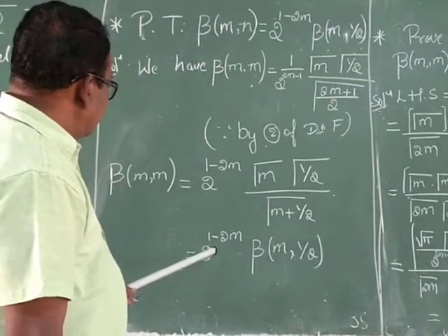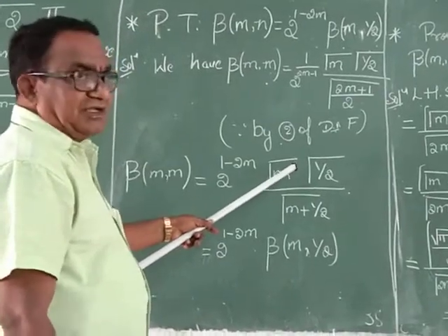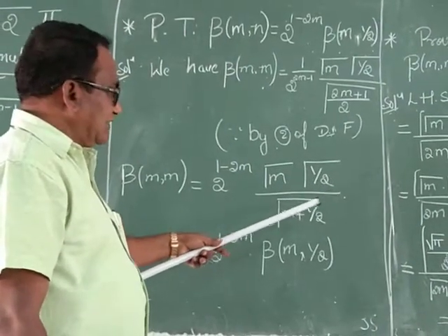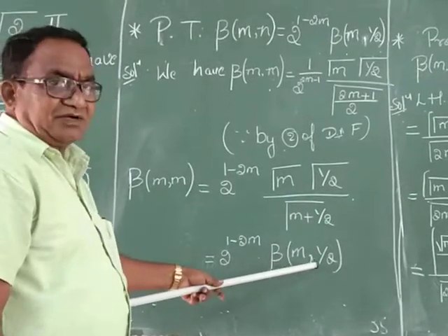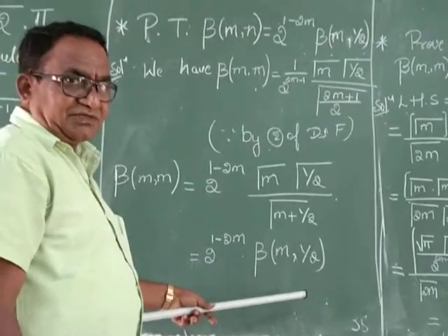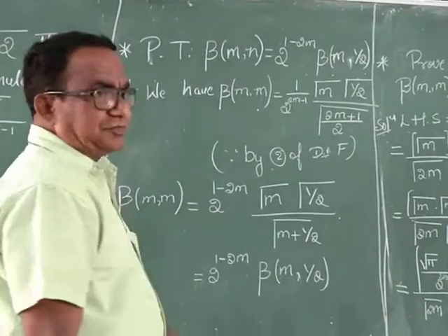Yes, this is equal to 2 to the power 1 minus 2m. This is of the type gamma m into gamma n divided by gamma of m plus n, which is nothing but beta(m, 1/2) by the relation between beta and gamma functions. This is what we wanted to prove.